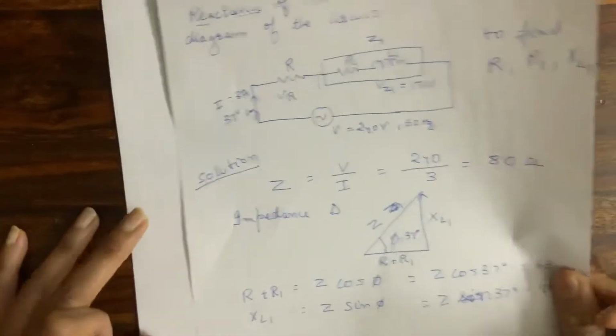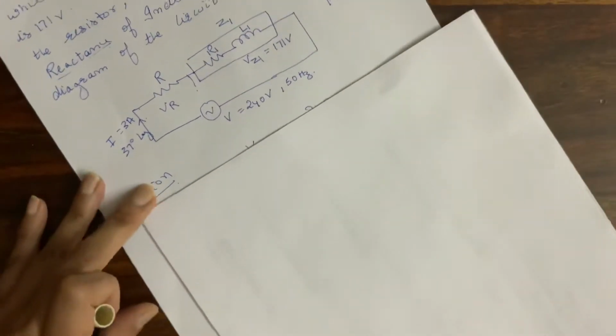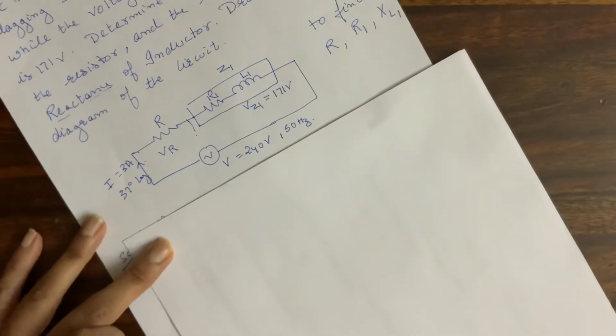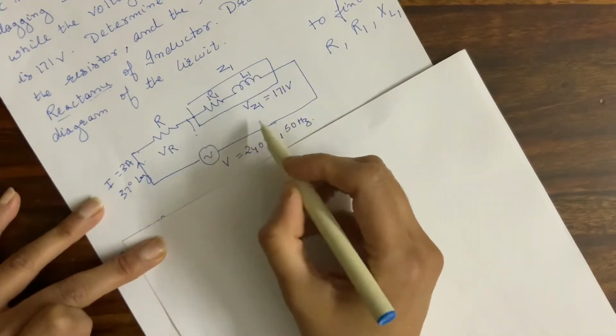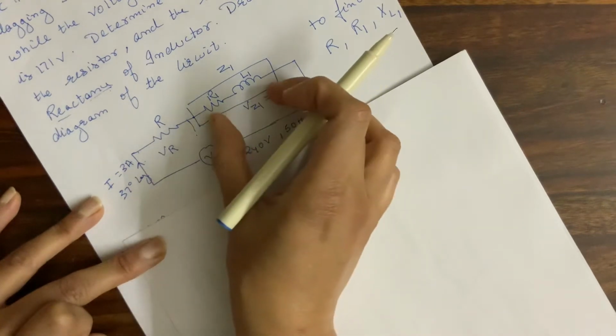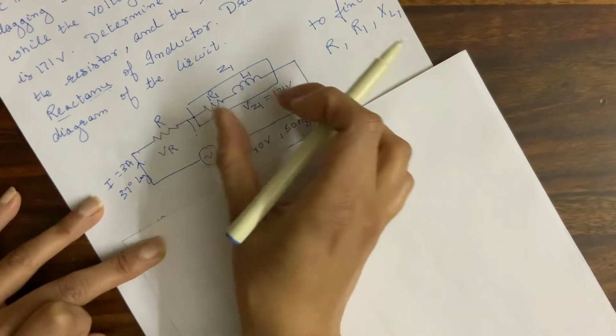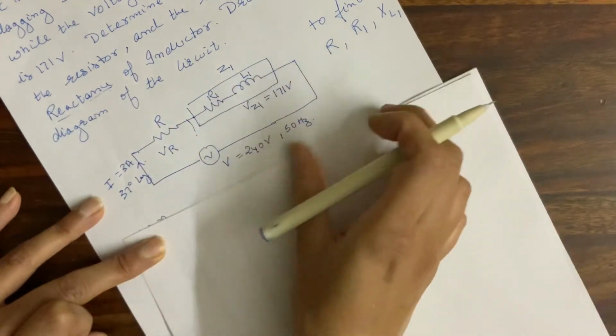Now how to proceed further? So this was the circuit. We know that the voltage of this particular inductor is given, and the current is the same in a series circuit.